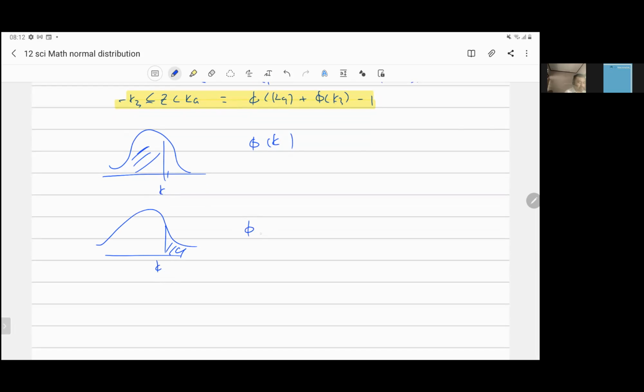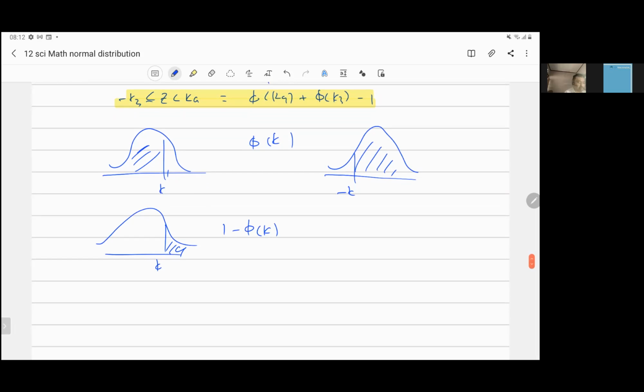So that's 1 minus phi of k. If we have them here above k, that's the same. So phi k is to the left of a positive value or to the right of a negative value.